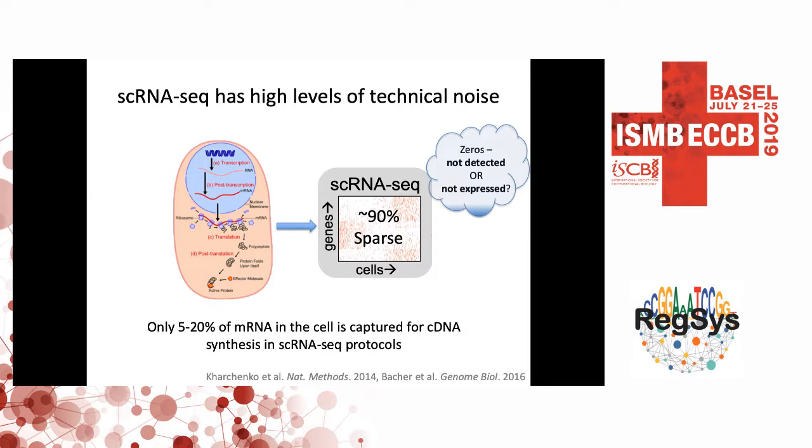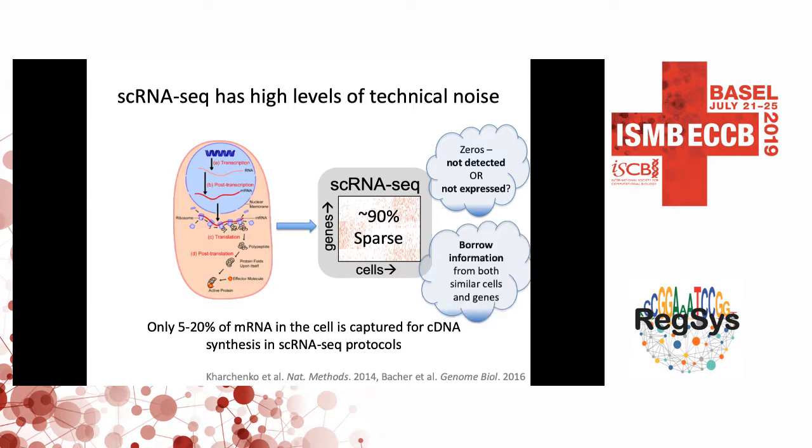So, gene expression spans 3 orders of magnitude, and essentially for lowly expressed genes, this loss of, say, 80 to 95% of the transcripts is quite severe, resulting in a sparse data matrix, where, say, 90% of the entries are 0, and you don't know if that 0 is there because that gene was not detected in the cell or if it was not expressed.